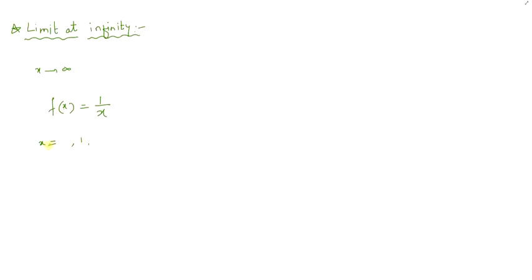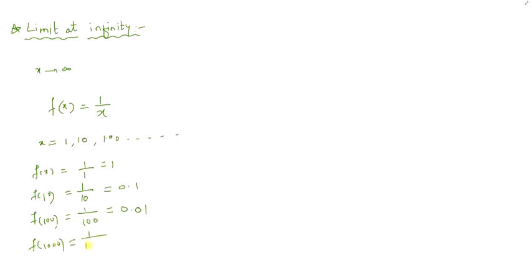So from 0.1, 0.2, and so on, 1, 3, or if we take round figures 10, 100 and so on, then what about f(x)? f(x) becomes 1 by 1, that is 1. f of 10 is 1 by 10, 0.1. f of 100 is 1 by 100, 0.01. f of 1000 is 1 by 1000.